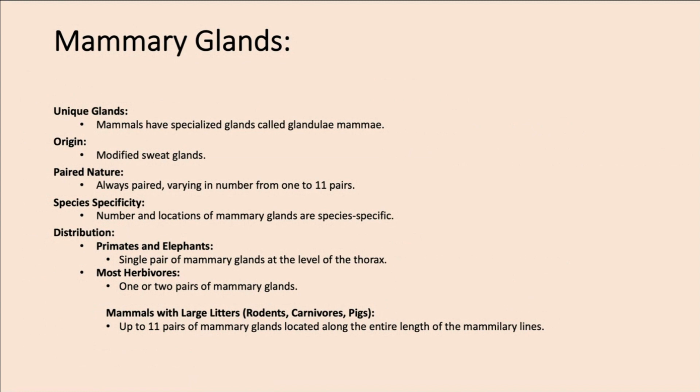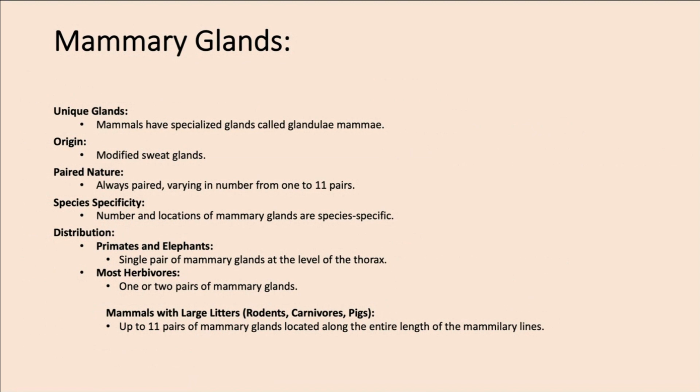Now, just as an example, there's some information here. Primates and elephants have single pairs of mammary glands where the thorax is. And then most herbivores, so plant-eating animals, have one or two pairs of mammary glands.